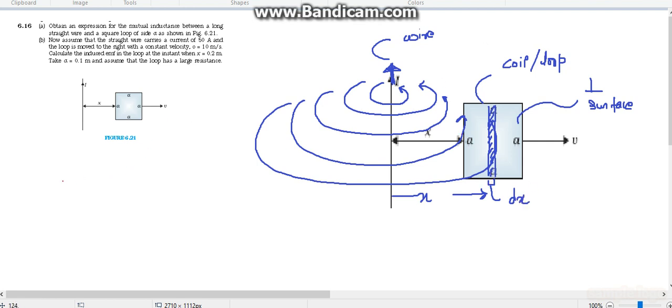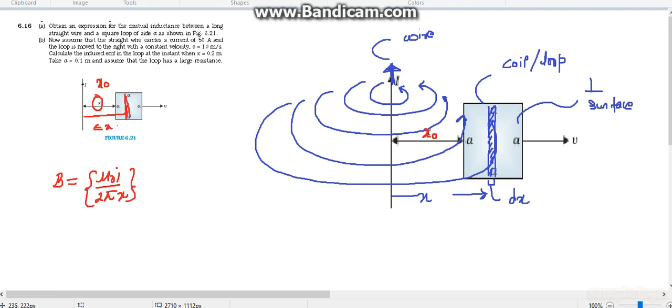We know that the magnetic field around the wire carrying current is given by mu 0 I upon 2 pi x. Let this distance be x0 so that we don't get confused between x and x0. In the book it is given as x, but let us take it as x0 and take this variable as x.